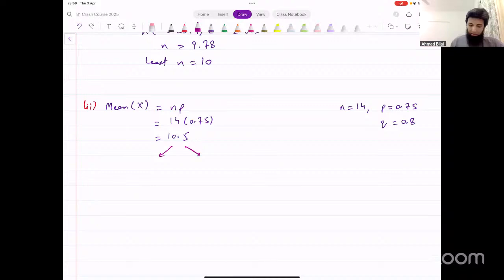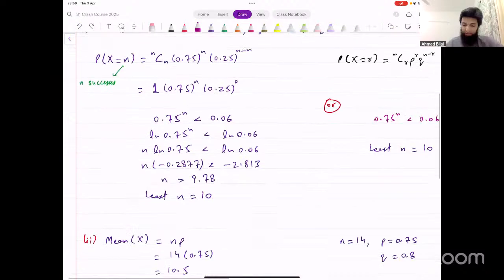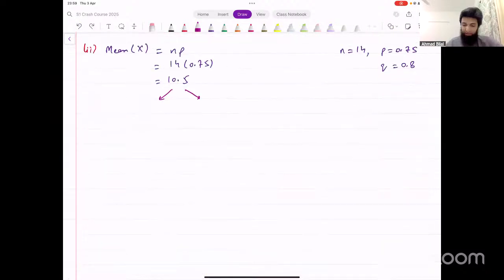Okay. Now, 10.5 is the mean. They said the value that has the highest probability is one of the two values that's closest to the mean value. Which two values are closest to the mean? 10 and 11, right? 10.5 is the mean. One value is 10, that's close to it, and the other value is 11.